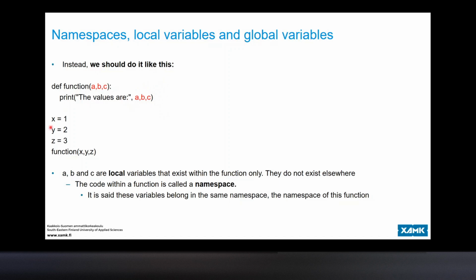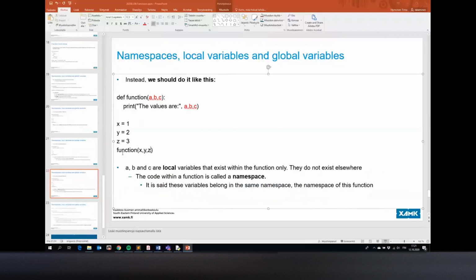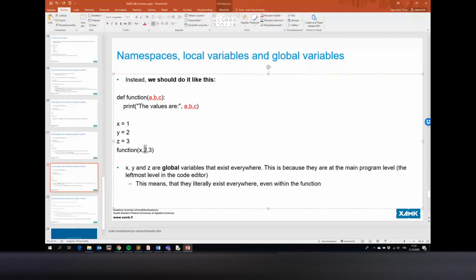Then we had this X, Y, and Z. The reason why I typed in X, Y, and Z here is just to illustrate that these are indeed different, not only different variables, but also different types of variables.